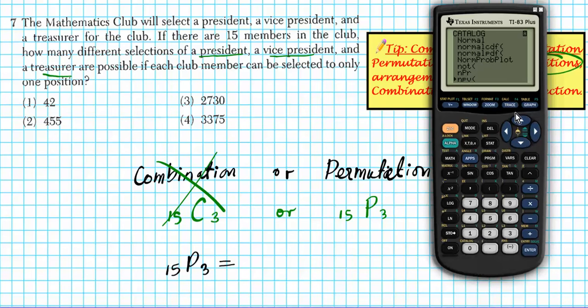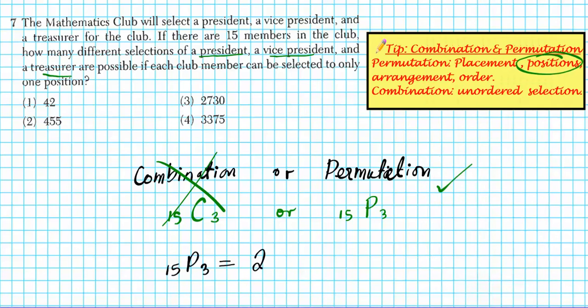We need nPr. Alright, nPr 3. Enter. Your answer is 2,730. So there are 2,730 different arrangements to fill these 3 positions out of 15 students. Answer is option number 3.